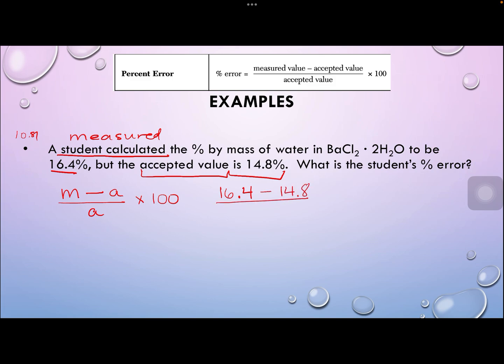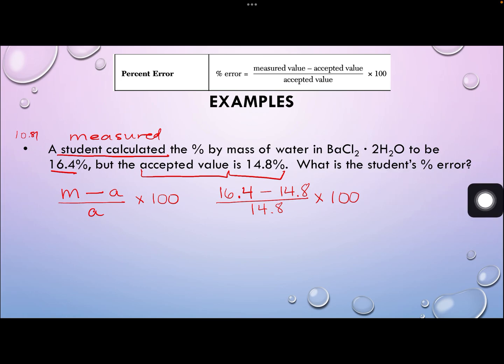I'm going to divide by that accepted value, and then I will multiply by 100. So if you see on a Regents question that says show the correct numerical setup, you could stop right here. They want to see that you know how to set up the problem. But if it says to calculate it or find it, you have to actually plug in the numbers.